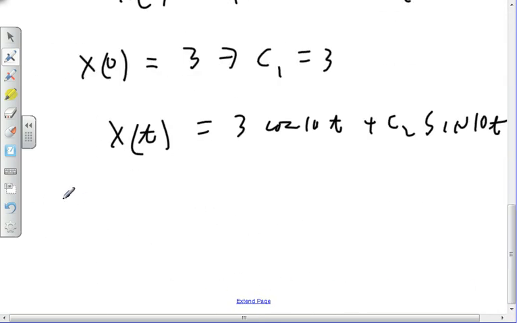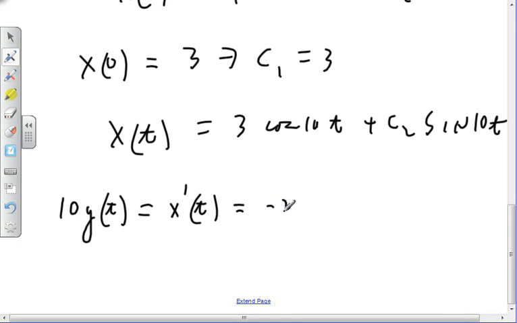All right, so 10y at t is equal to x prime at t, which will be minus 30 sine 10t plus 10 c2 cosine 10t.